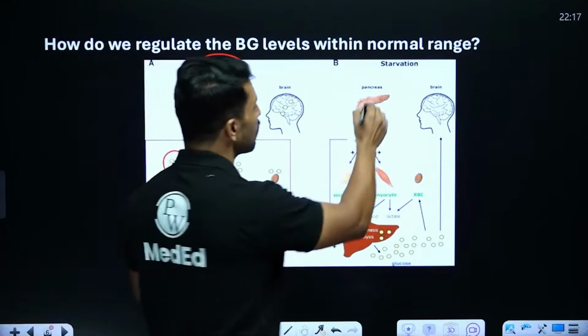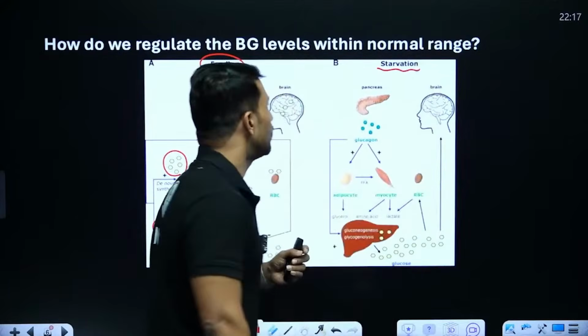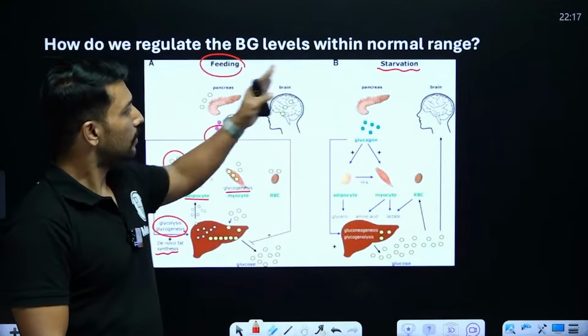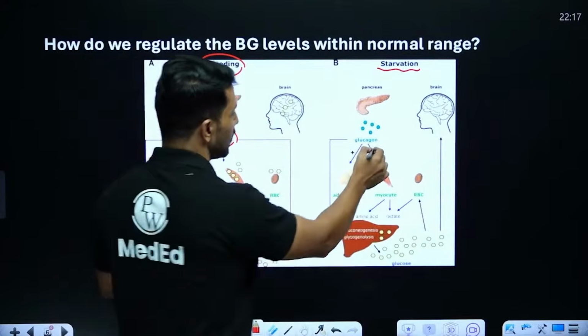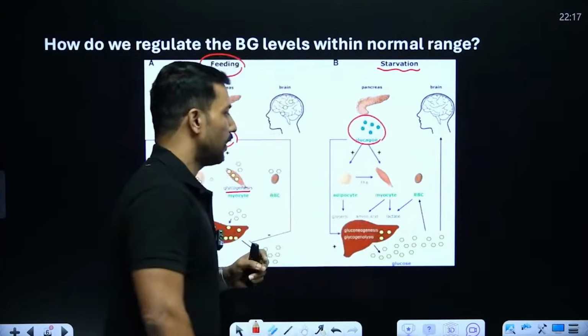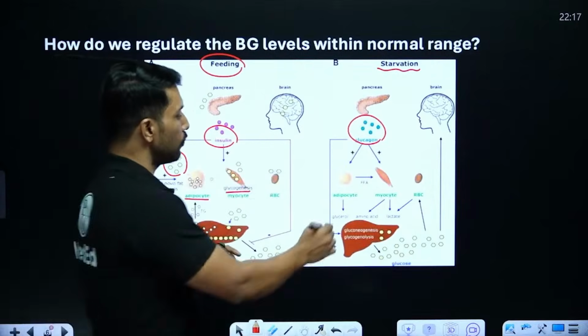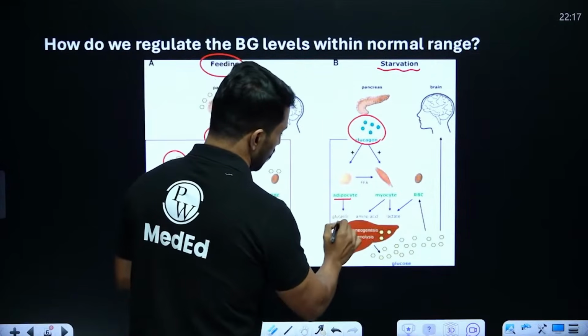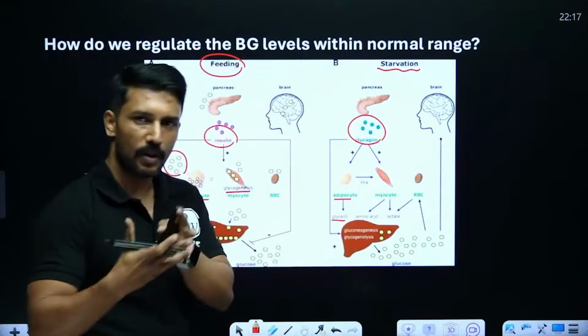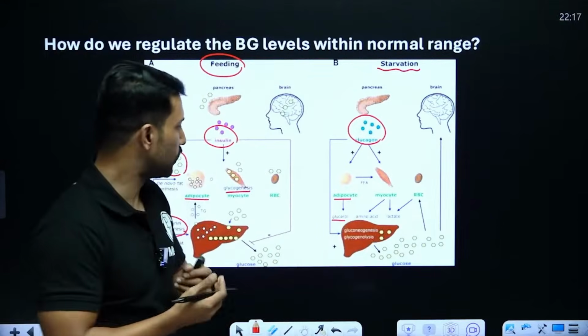So in the starved state, instead of insulin, the pancreatic cells will produce glucagon, and glucagon does the opposite of insulin. It will stimulate the adipocyte to release free fatty acids, which can be converted to glucose.